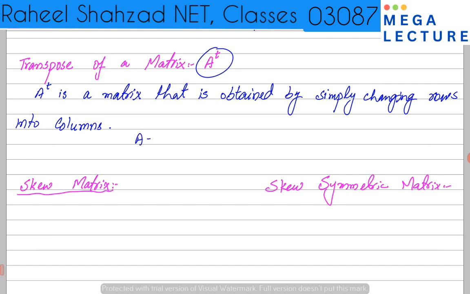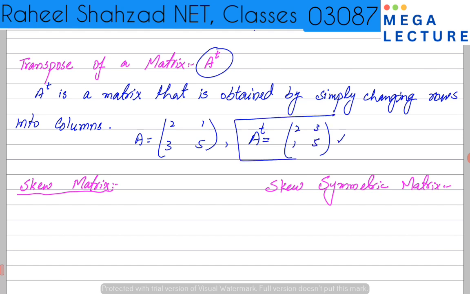For example, A is the matrix [2, 1; 3, 5]. Then A transpose is equal to [2, 3; 1, 5]. So you have simply replaced rows with columns.